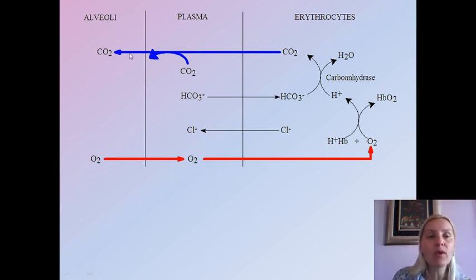Now we got rid of the carbon dioxide, and that is the same carbon dioxide that we have taken up from the tissue cells. But notice that this time hydrogen ions are captured inside the organism. So hydrogen ions are not excreted. We have only eliminated carbon dioxide and hydrogen ions are still here.